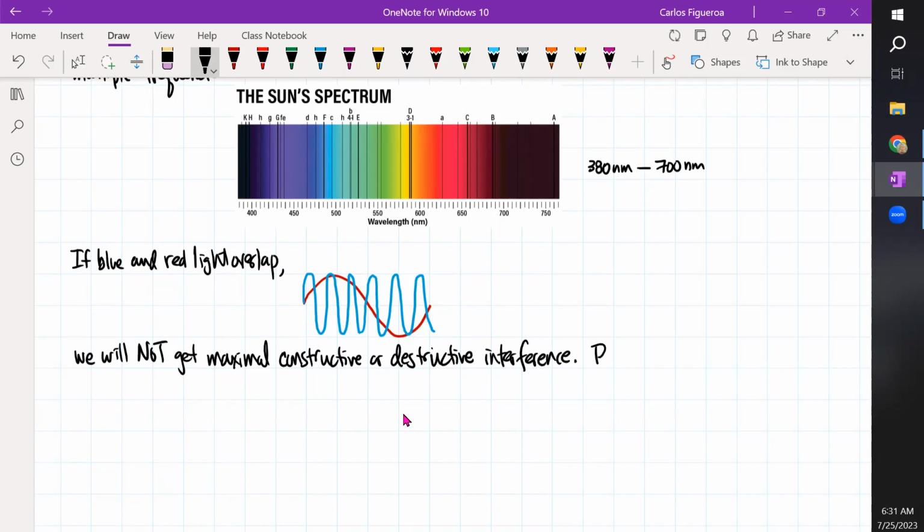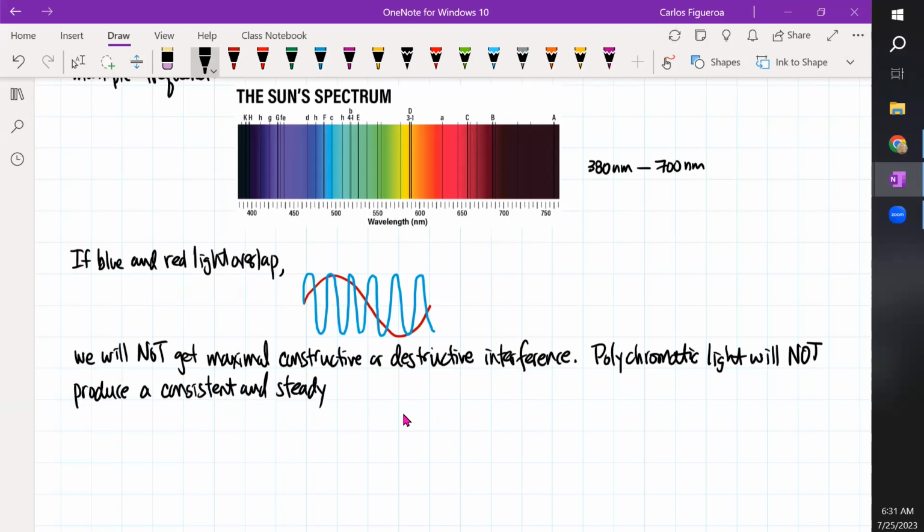So polychromatic light will not produce a consistent and steady interference pattern.